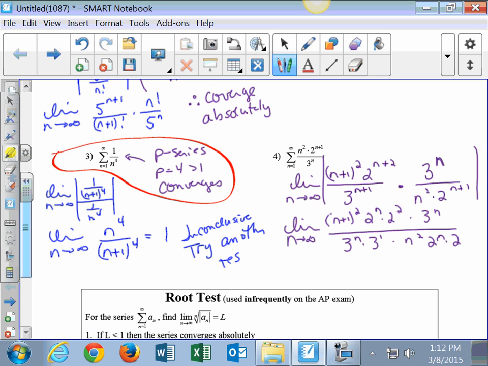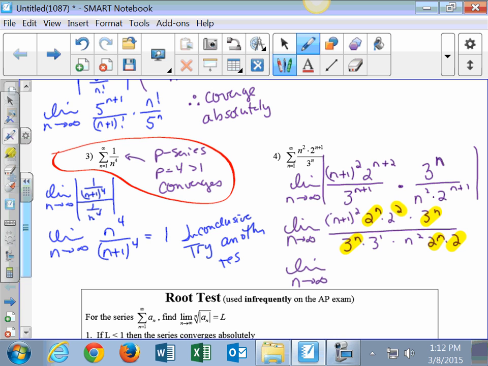And this is a step you really wouldn't have to show. Okay, so this 2 to the n right here is canceling out with that 2 to the n. I have a 3 to the n canceling out with that 3 to the n. And I get this 2 right here, I'm going to cancel out with that exponent. So when I look at my final answer here, I have the limit as n goes to infinity.